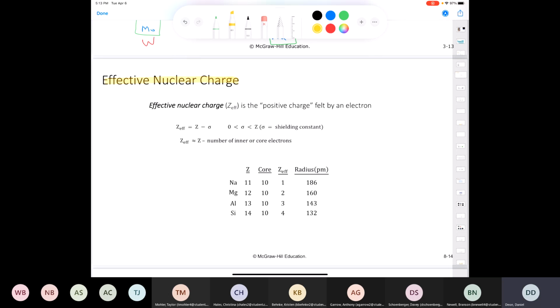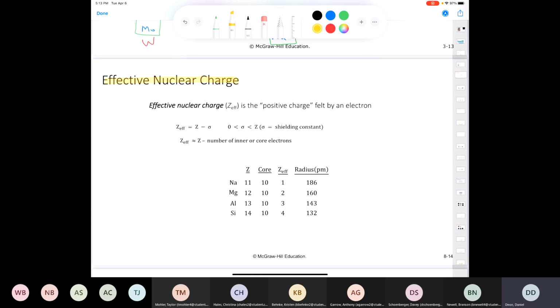Electronegativity. All of these periodic trends can all be rationalized or explained using effective nuclear charge. And so that's just my preamble to tell you that effective nuclear charge is a very important concept in general chemistry. And it helps us to understand some trends in periodicity that might not be intuitive.